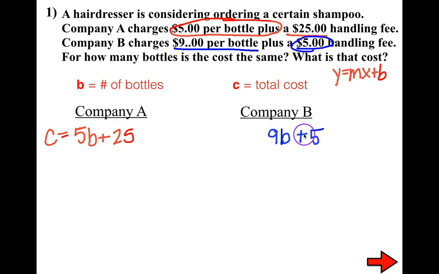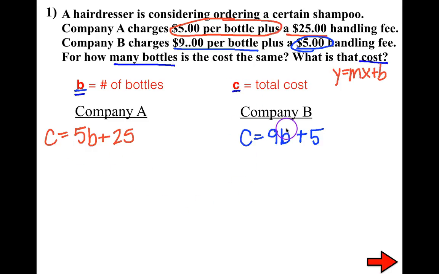And by doing that, that is going to give us our total cost, which is going to be C. So now the question is, for how many bottles is the cost the same? Sorry, let's rewind there. It says, how many bottles is the cost going to be the same? We are going to be solving for B. And then last but not least, they're going to ask for the cost. So that would be solving for C.